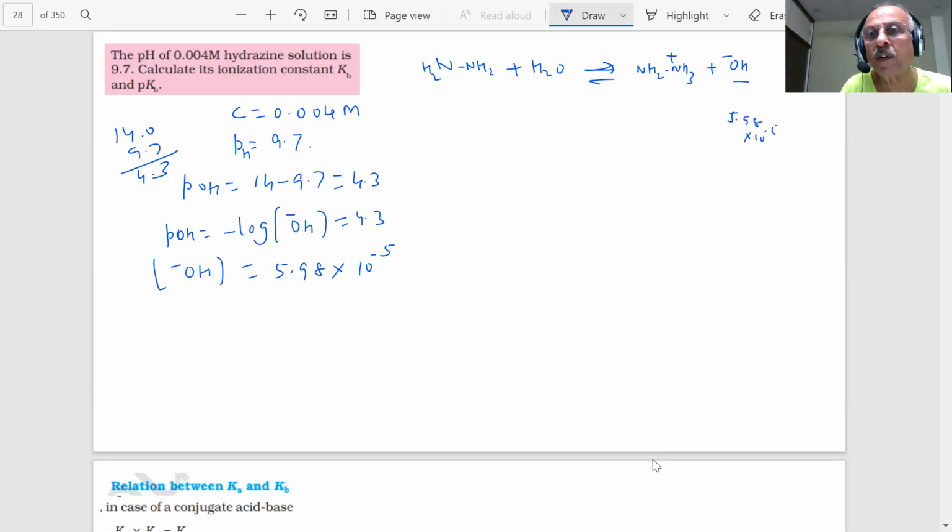How much will this be at equilibrium? This will also be 5.98 into 10 minus 5. And how much will be the value of this? It is given as 0.004, students.